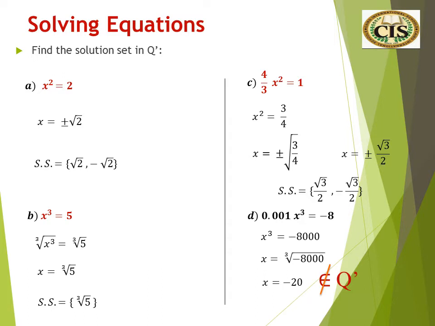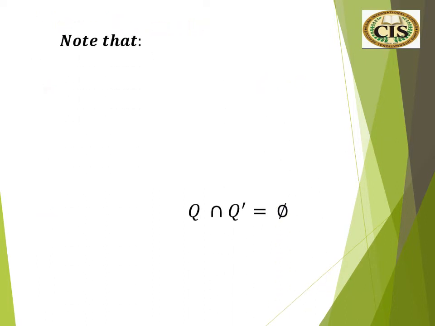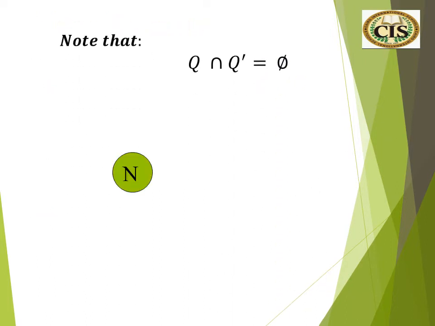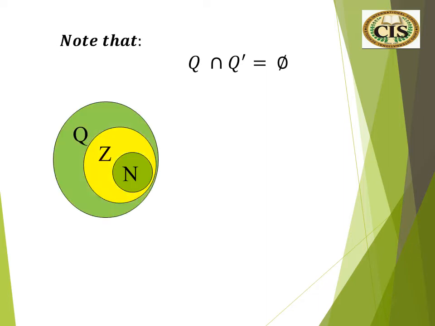X equals negative 20. Negative 20 doesn't belong to Q dash. So the solution set equals the empty set, because we want the solution set in Q dash. Note that any number is either rational or irrational. So Q intersect Q dash equals the empty set.